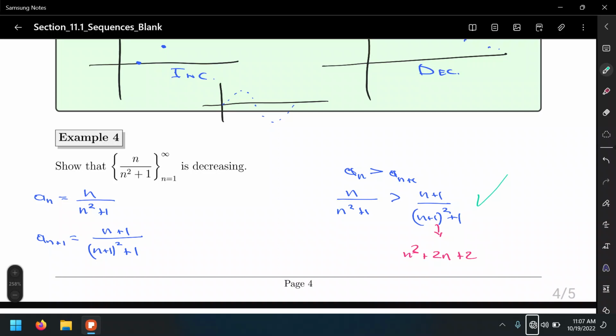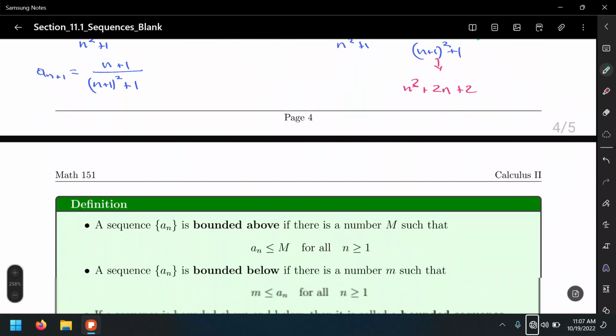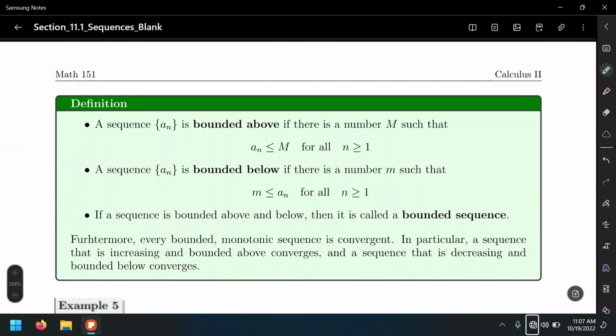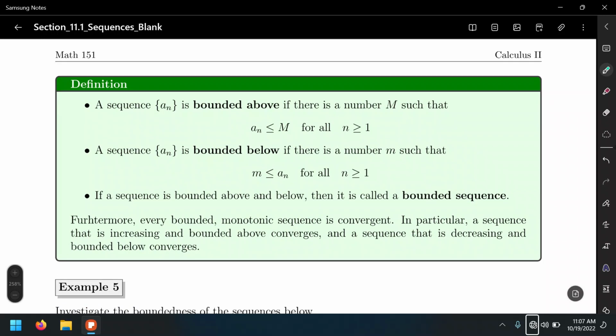Alright, furthermore, we describe sequences by their boundedness. So a sequence could either be bounded above or bounded below, or could be bounded both above and below. Well, how do we know in this case? Well, we would have to look at a sequence, find the limit of the sequence, but further look at the graph of the related function and determine whether that limit lies above the graph or below the graph.